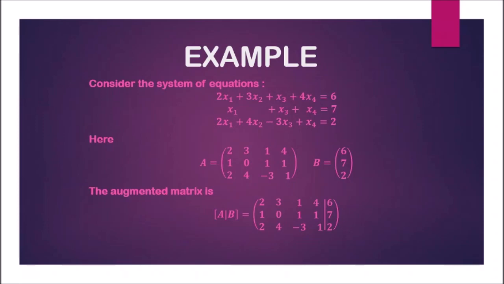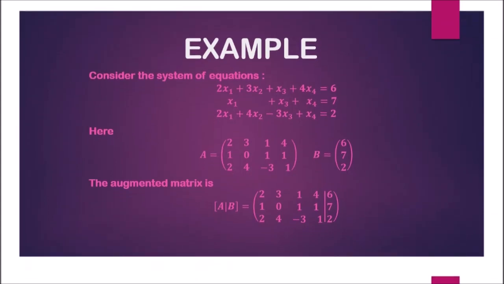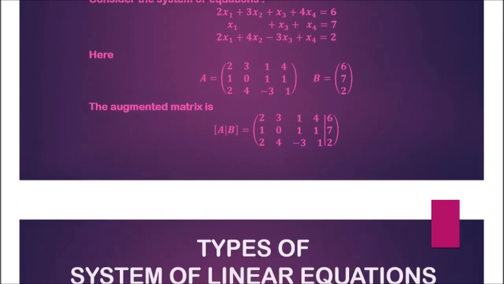Similarly, in the third column we have coefficients of x3 and in the fourth we have coefficients of x4. Matrix B is the right side of the linear equations. In the augmented matrix, elements of A and B are separated by a line.